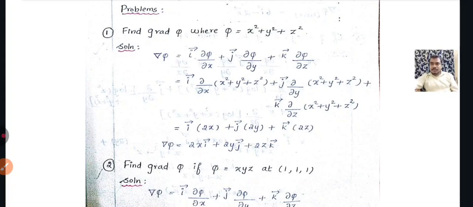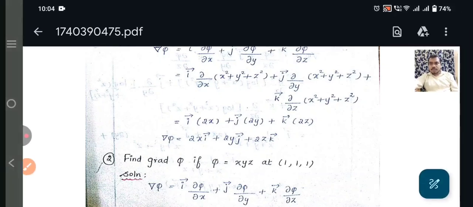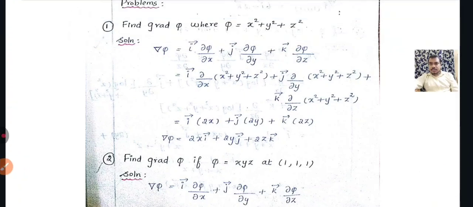Therefore, differentiate the first term, dou by dou x of x squared plus y squared plus z squared. The remaining y squared and z squared are constant values, which tend to 0. Therefore, dou by dou x of x squared is 2x. Therefore, i into 2x plus j into the derivative of the second term with respect to y.